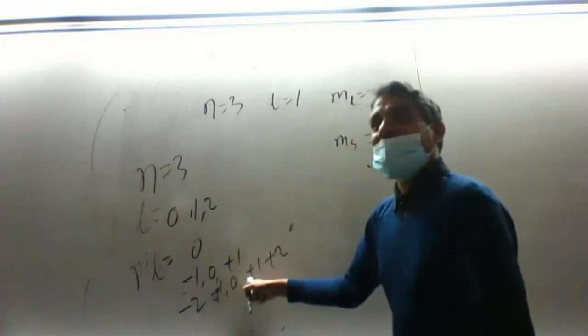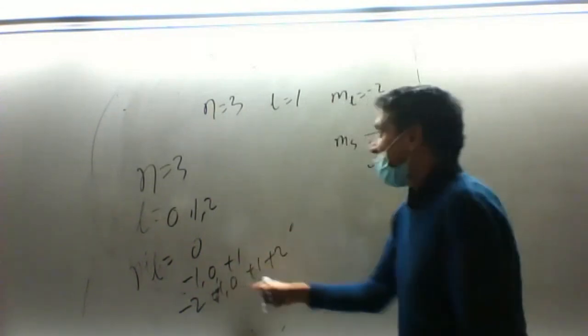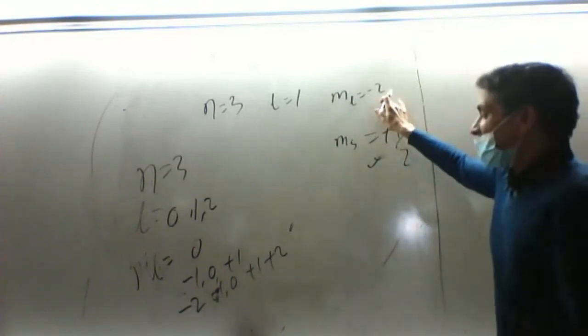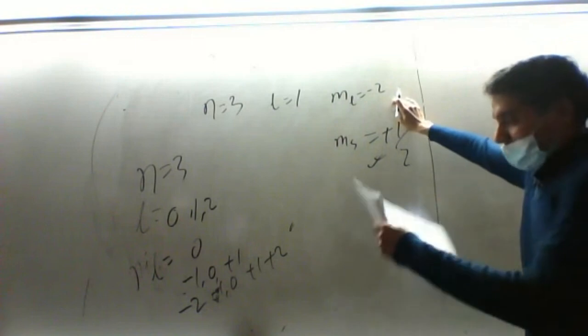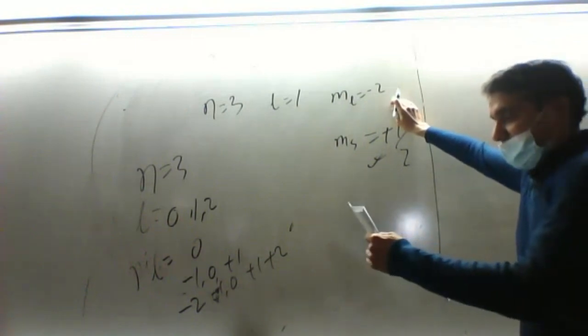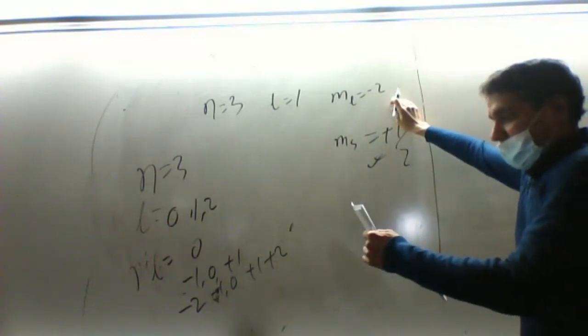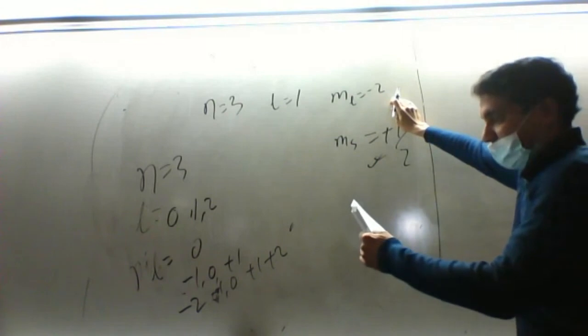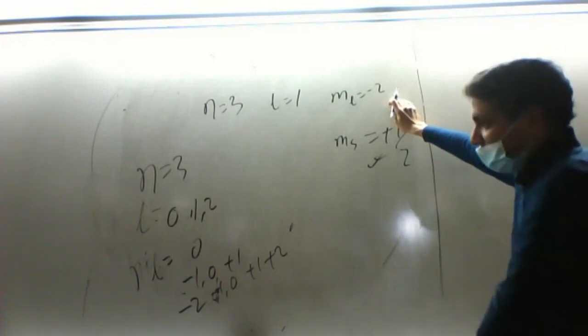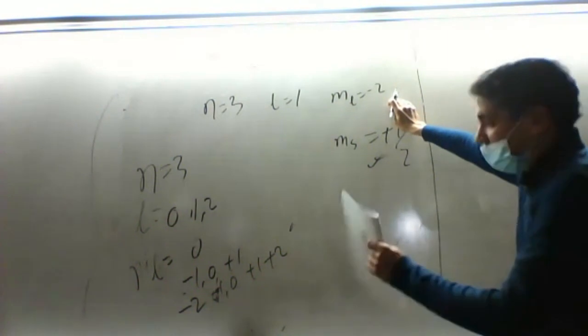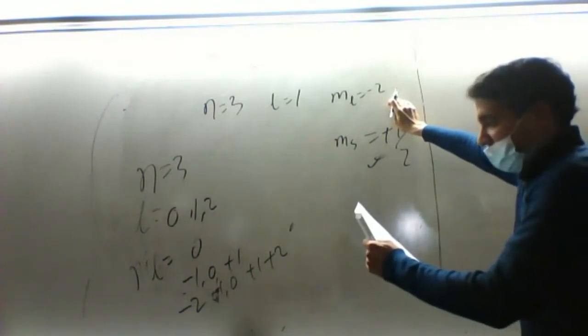You see that? That's how I write it, right? Now, it's giving ML equals minus 2. I think n equals 3, ML equals minus 2. It looks right. I don't know where the mistake is here.